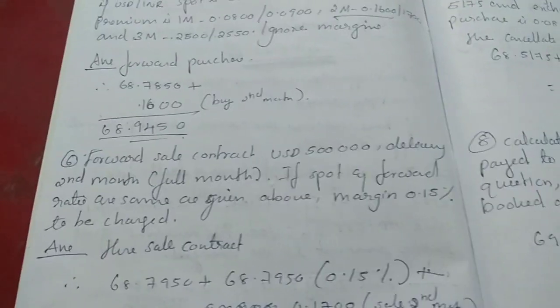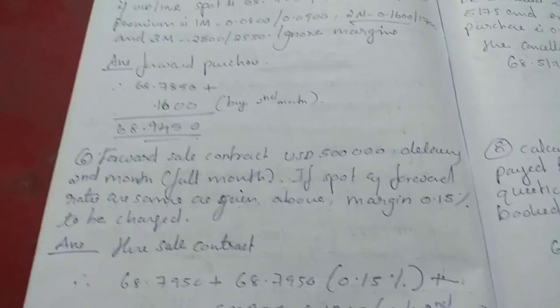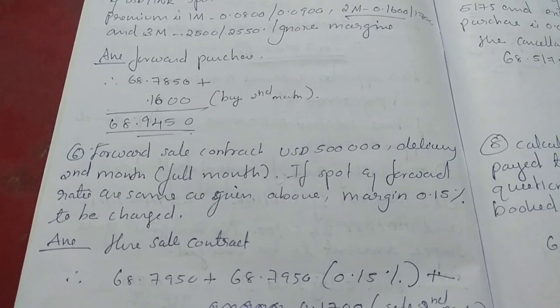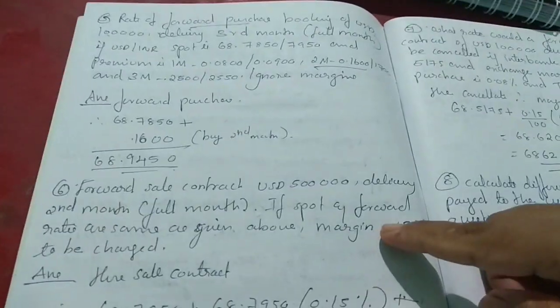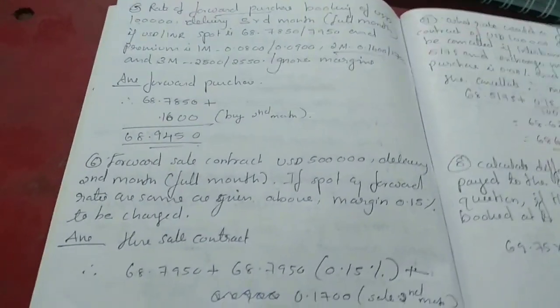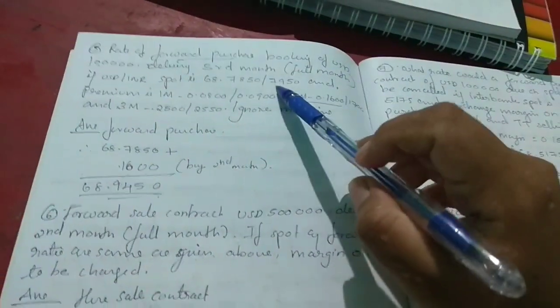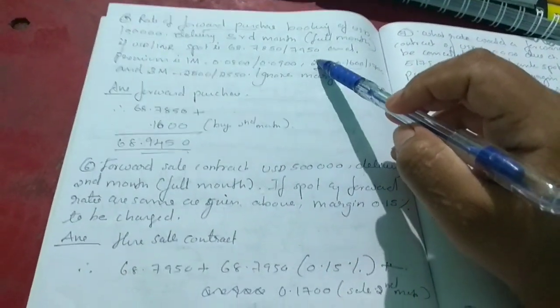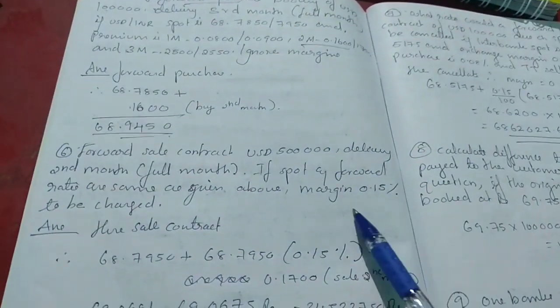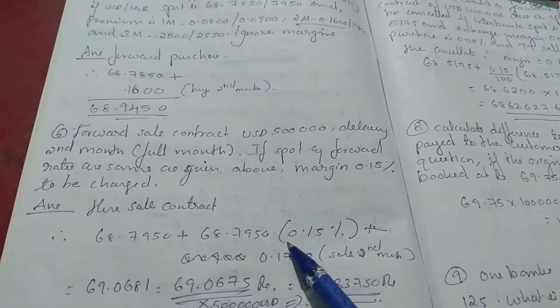Next is forward sale contract USD 5 lakh, delivery second month, full month. If spot and forward rates are same as given above, this same question is repeated here, but here we have to add margin of 0.15%. So this is a sale contract. We have to take 68.7950 plus we have to add margin, 0.15% of 68.7950.